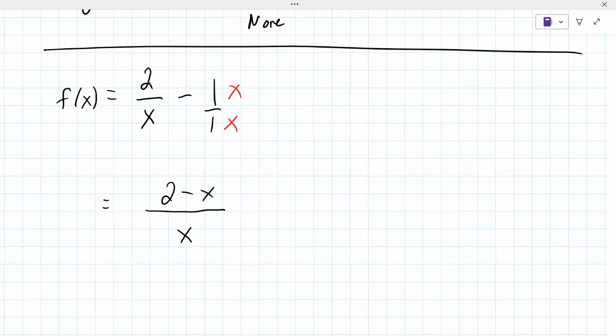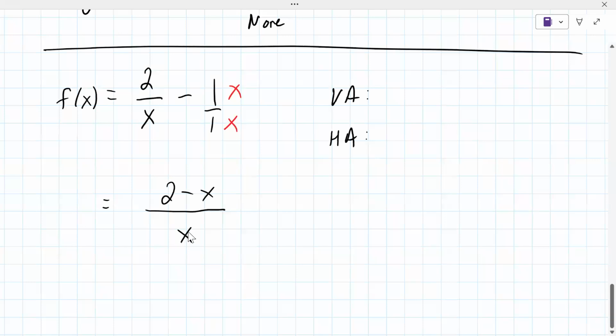And then to find the key features, we're looking for the vertical asymptote. So you make the bottom equal to 0.